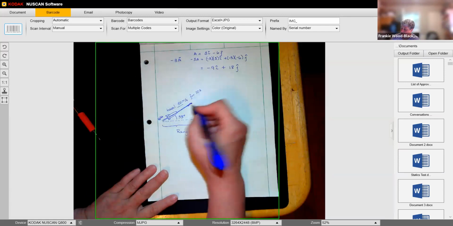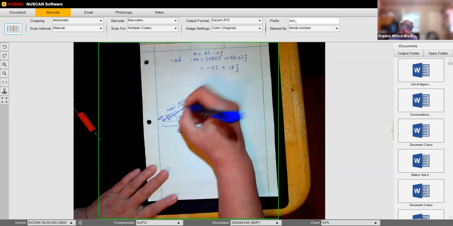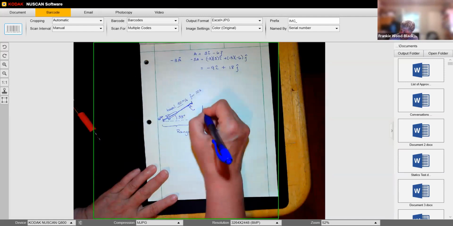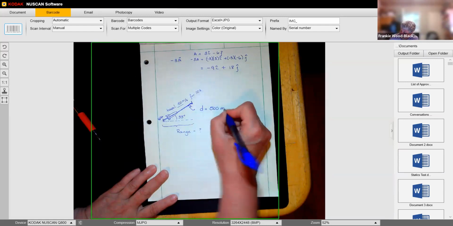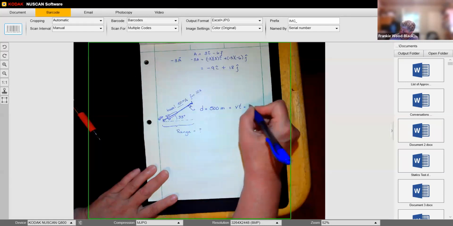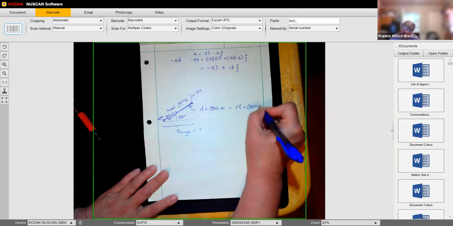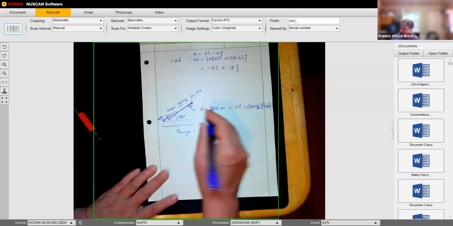So we know this is going to be this angle here, or this distance right here. That distance is going to be 500 meters, because that's the velocity times time. And we said that we were traveling 50 meters per second for 10 seconds. So that gives us that.